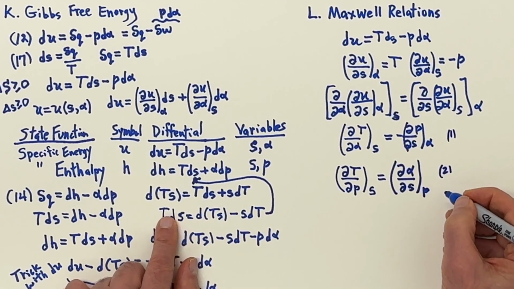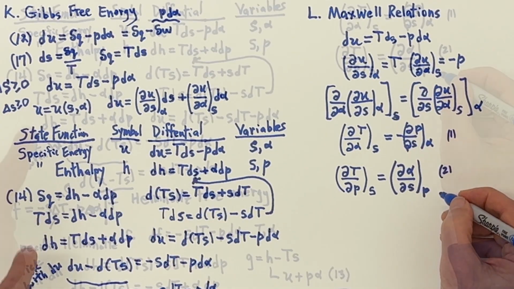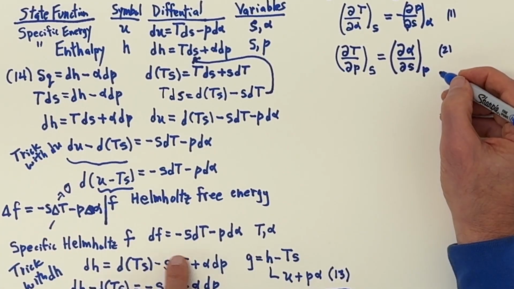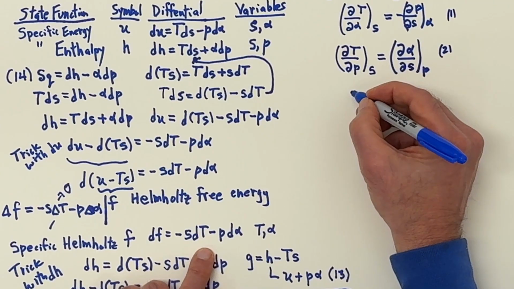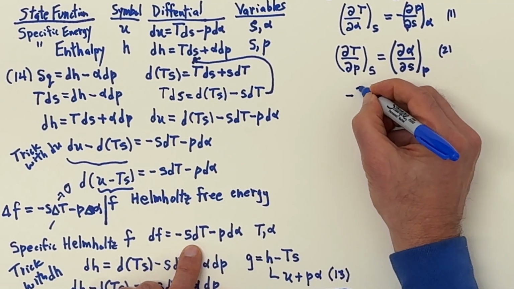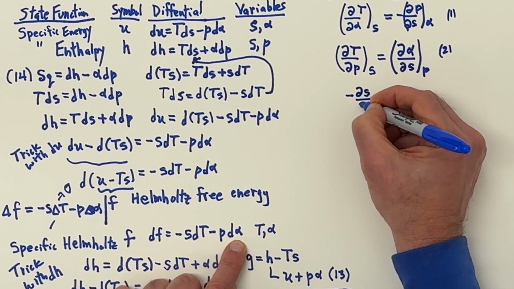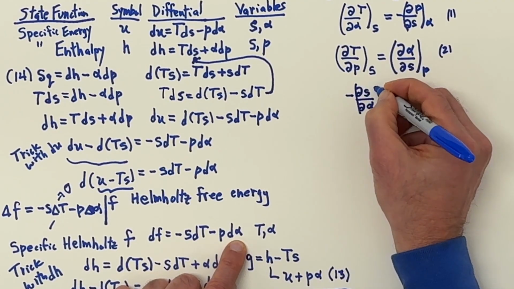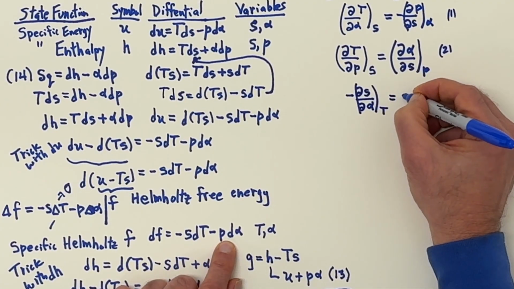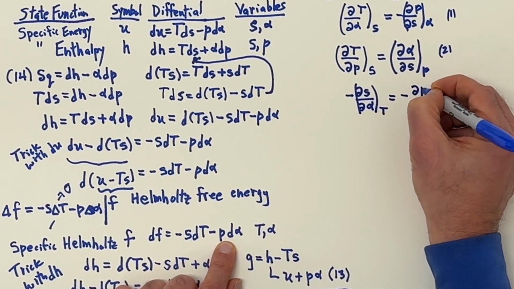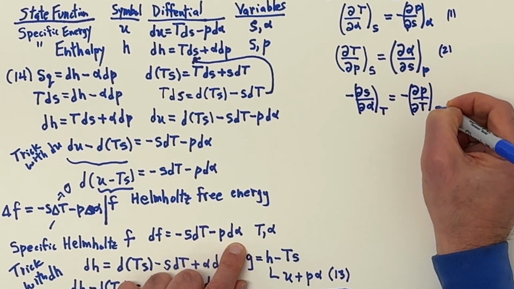Now the third one is going to be involving the third function, which is here it is. So for this one, we will have minus the derivative here of S with respect to alpha, and that's going to be at constant T. And then, this is a negative, the partial of p with respect to T at constant alpha.